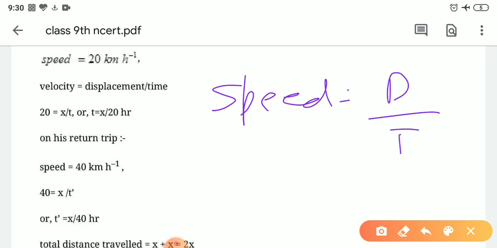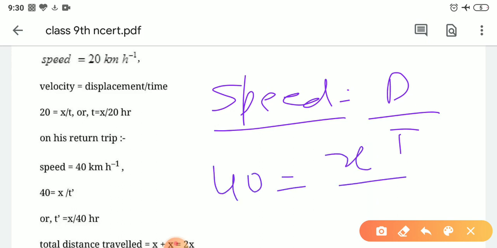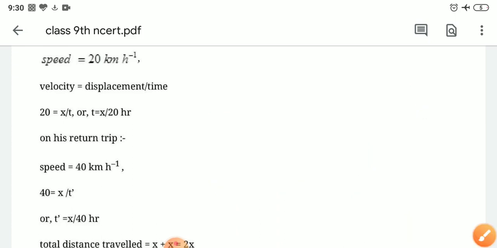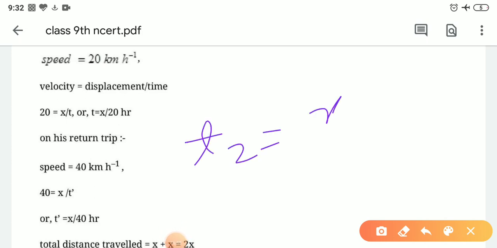Suppose in this case time is t2 and speed is 40. 40 equals distance, we have supposed x, upon time, that is t2. Then we can find t2 from here. t2 will be x upon 40. That is also another time.